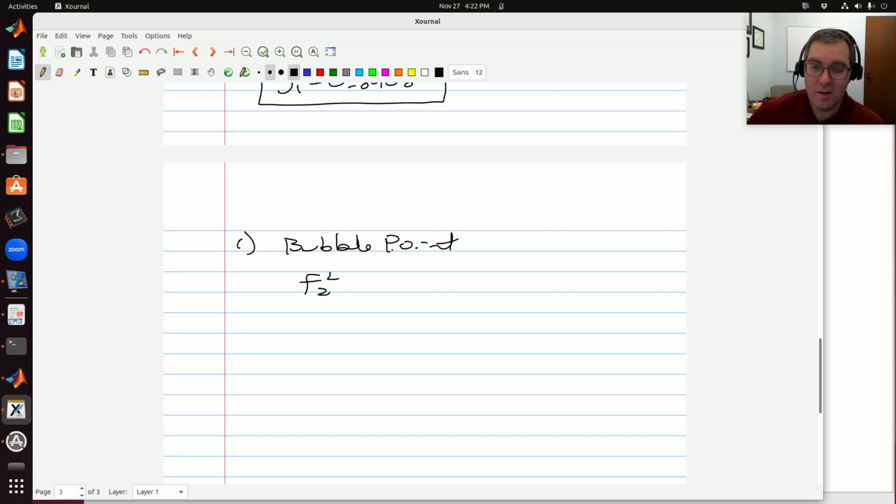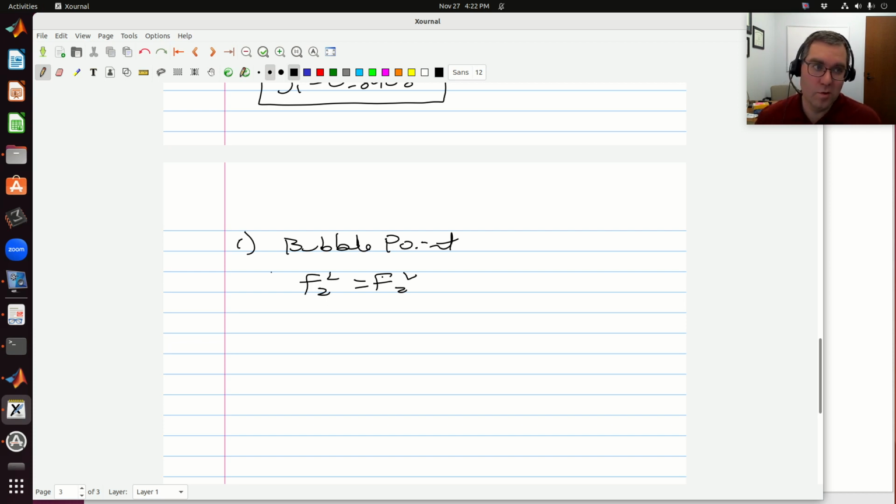The key is that at my bubble point I have vapor-liquid coexistence, right? So the fugacity of component 2 in the liquid is going to be equal to the fugacity of component 2 in the vapor. How am I going to calculate it?